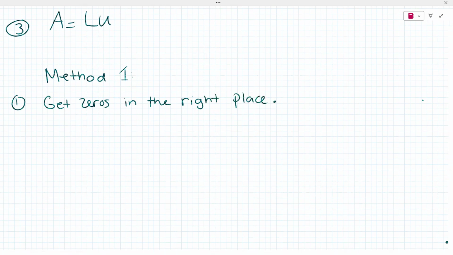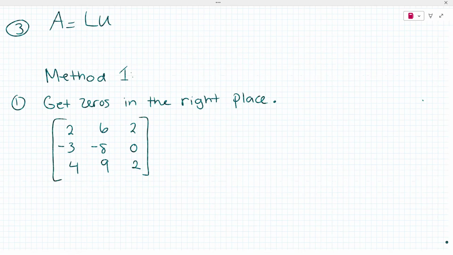You had 2, -3, 4, 6, -8, 9, 2, 0, 2. And this is going to give you, when you do the first row operation, here, let me write out the command.